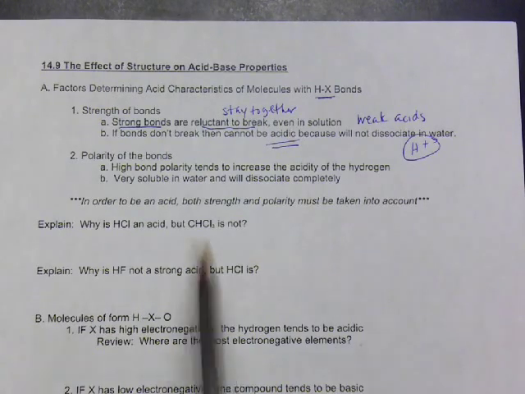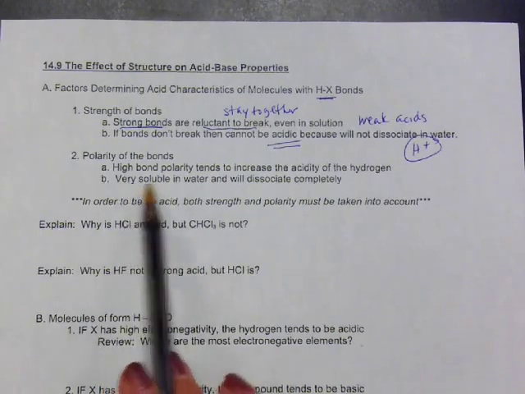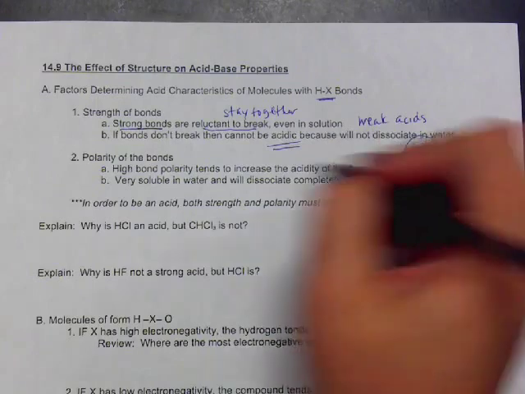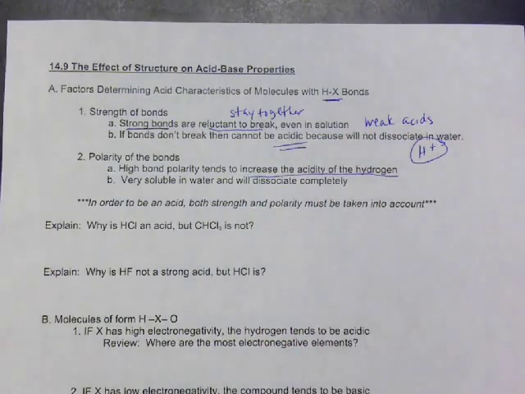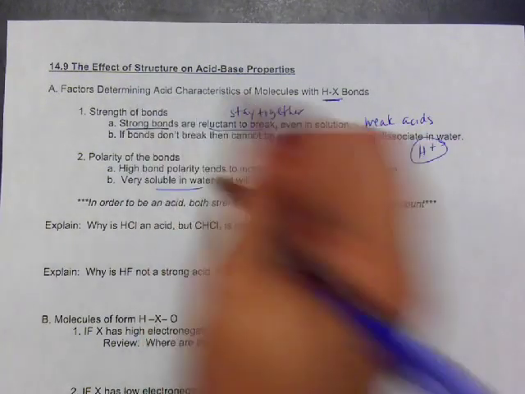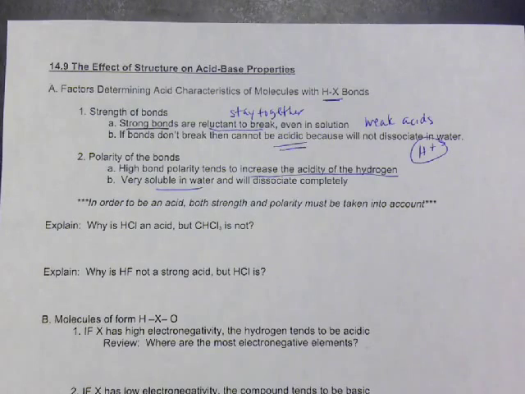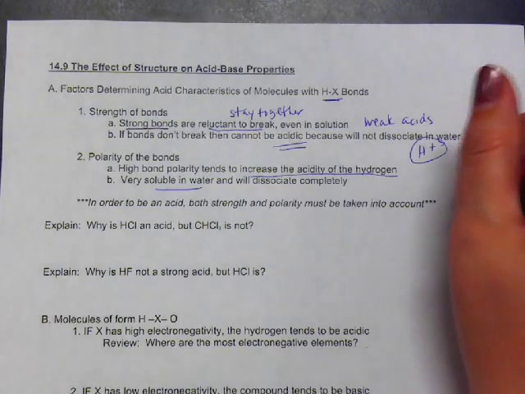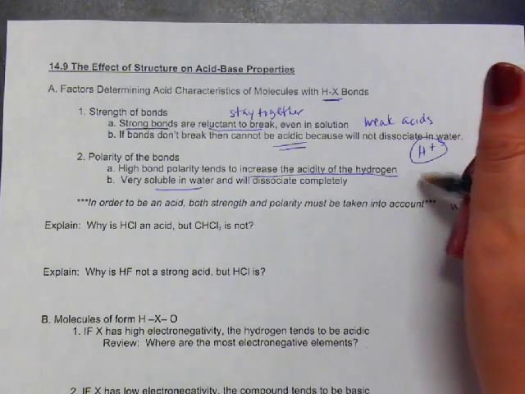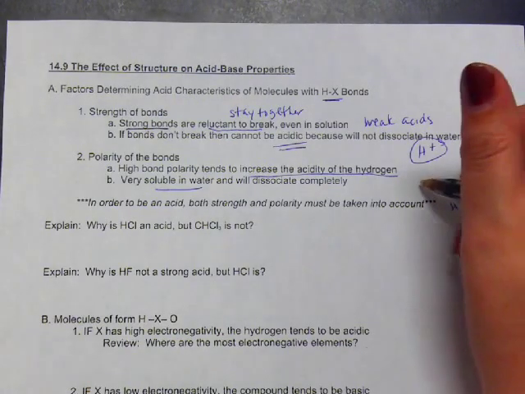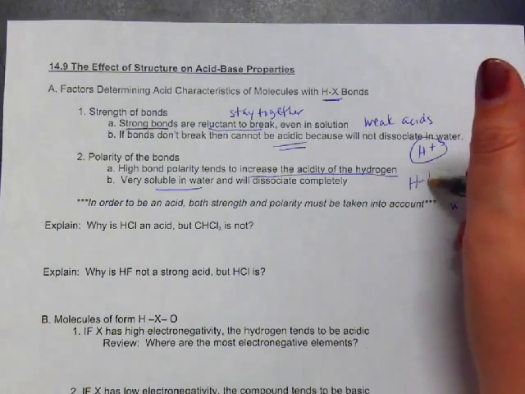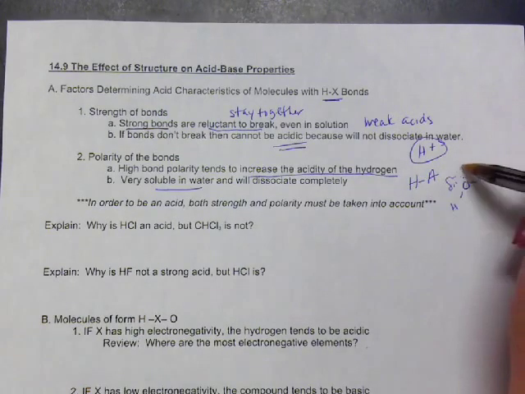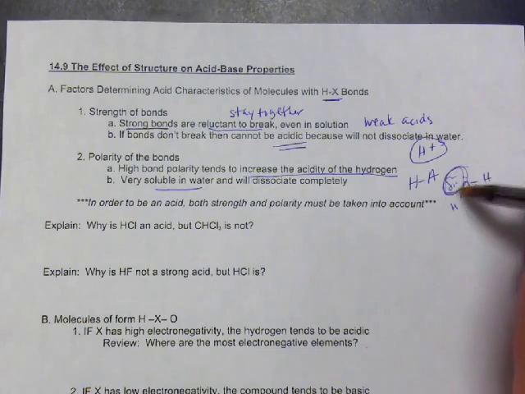Now we talk about polarity of bonds. A high bond polarity tends to increase the acidity of the hydrogen ion and make them very soluble in water. Now why is that? Well, that's because water is polar. So if you think about water being polar, and we have an acid, it's going to be attracted to the negatively charged end of our water.